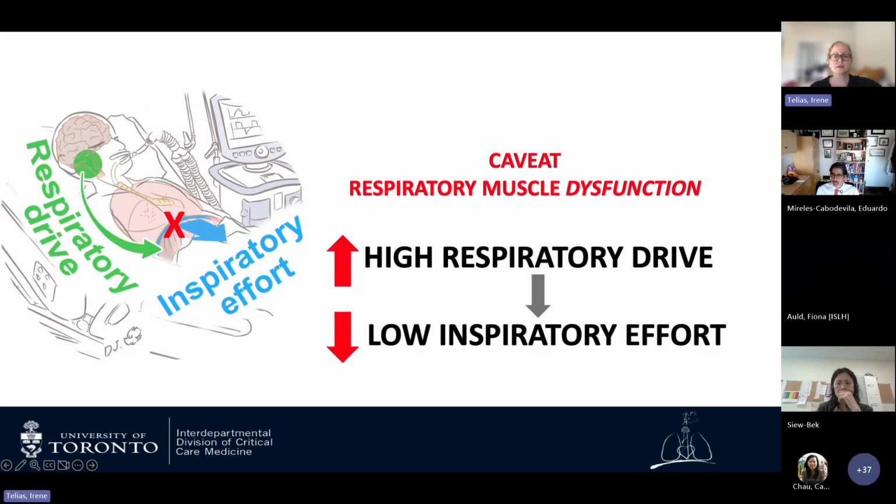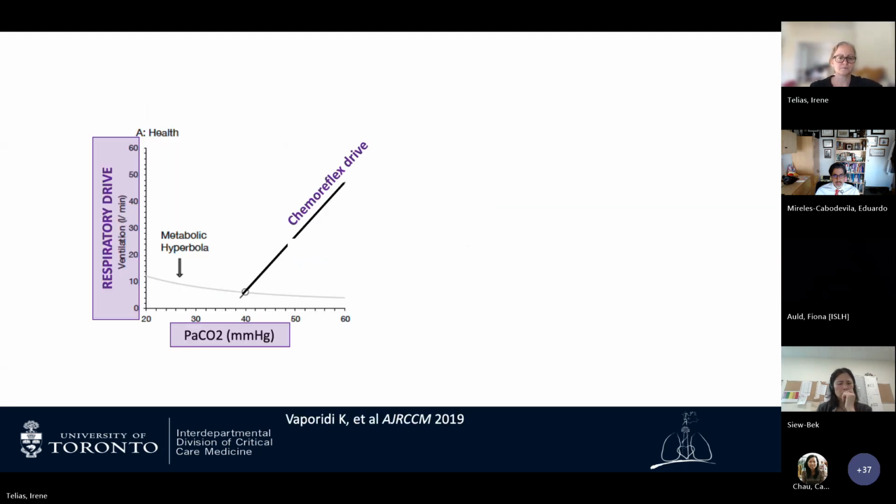Despite these two entities being intimately related, the respiratory drive being the neural output from the respiratory center stimulating the respiratory muscles to contract at a certain strength, when we have this dysfunction there will be a dissociation. And what is the clinical correlate of this?